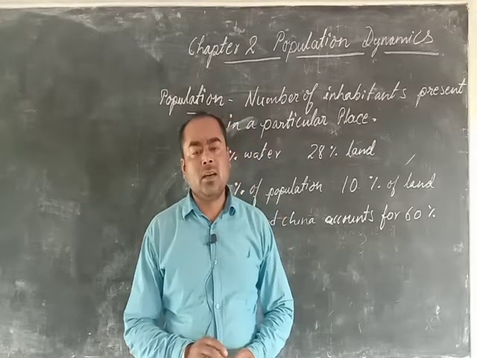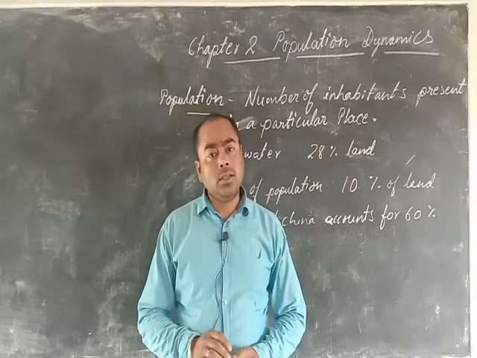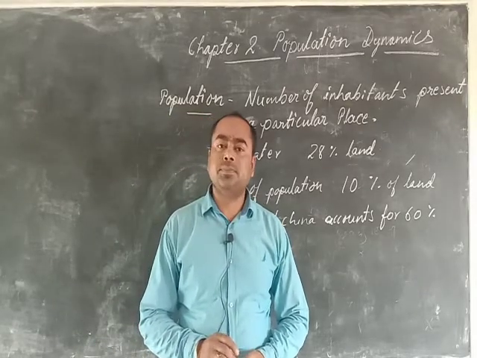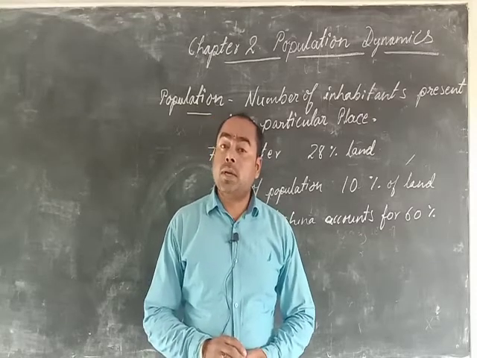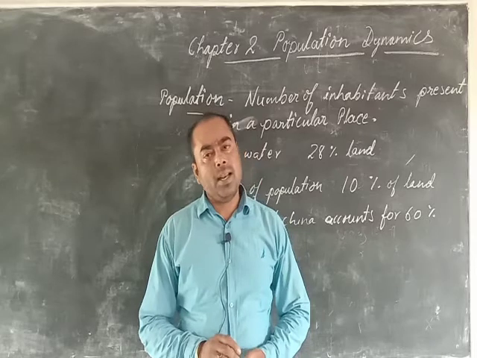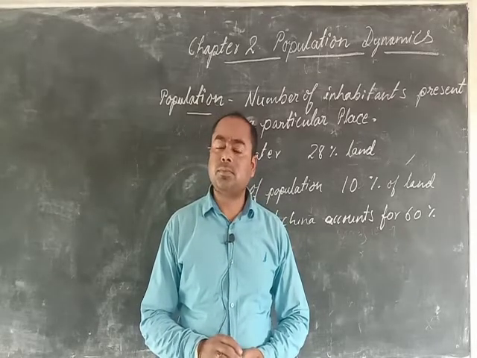As we know, almost 71 to 72% of our earth is covered by water, and we are left with only 28 to 29% of land, and human beings inhabit the land.